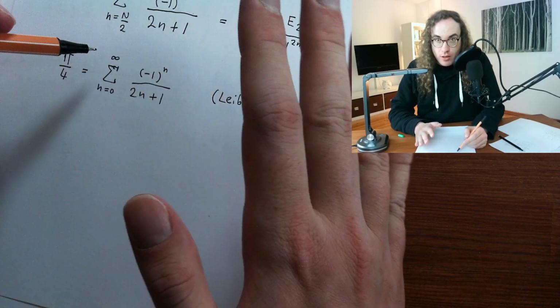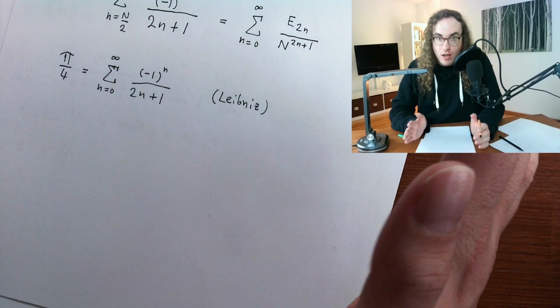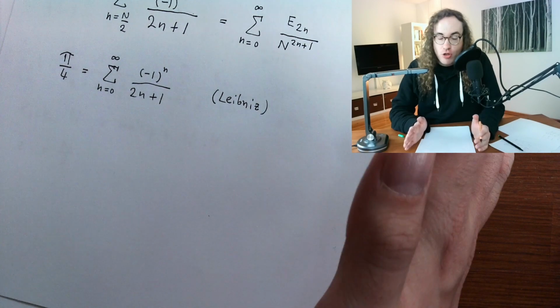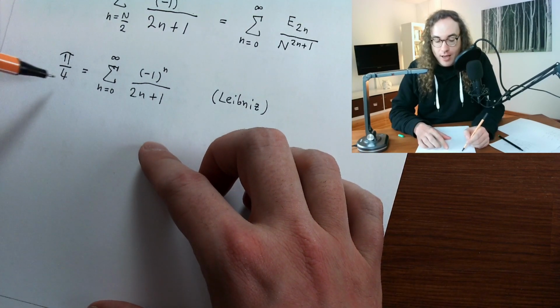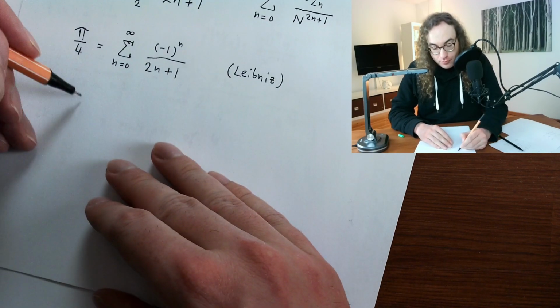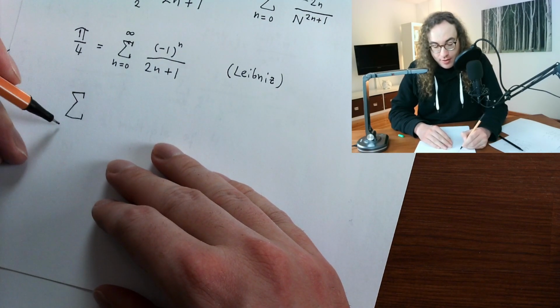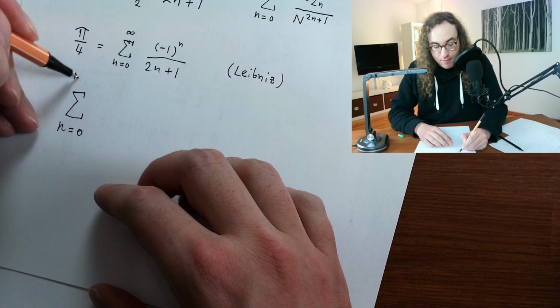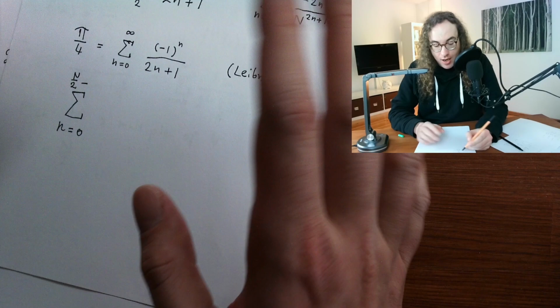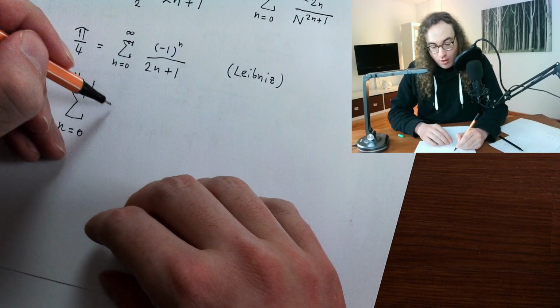And then we actually had a look at whether the digits are correct. So what we were measuring was the difference between this partial sum and pi over 4. What the computer actually evaluated was n going from 0 to, say, capital N/2 minus 1 of this.